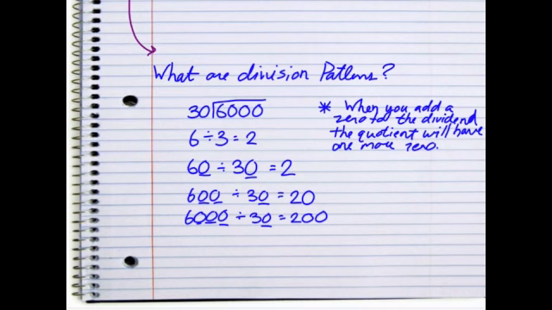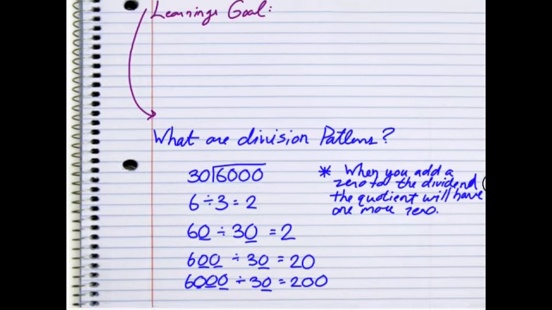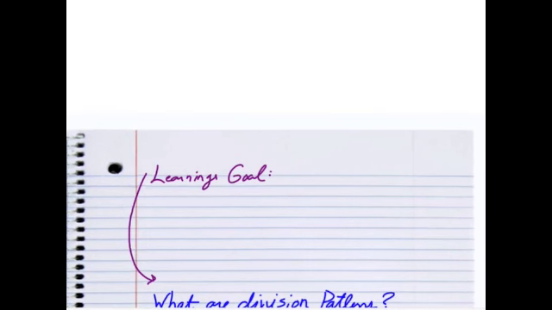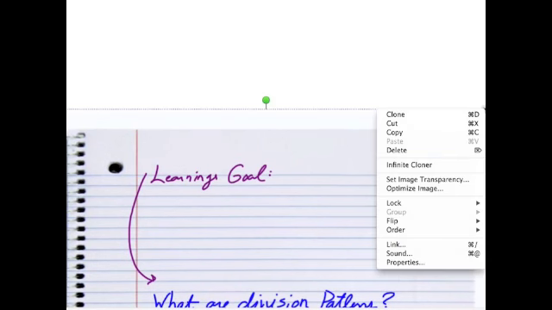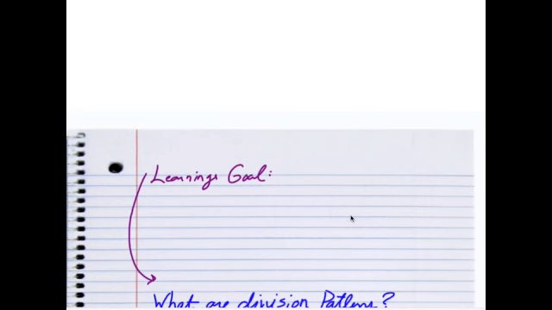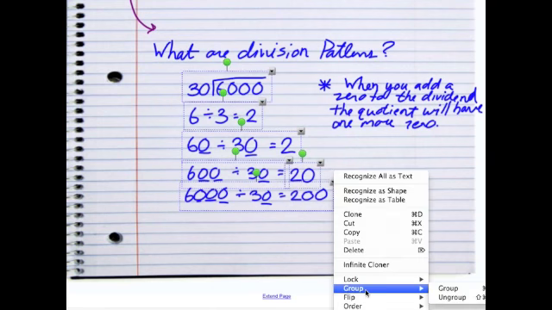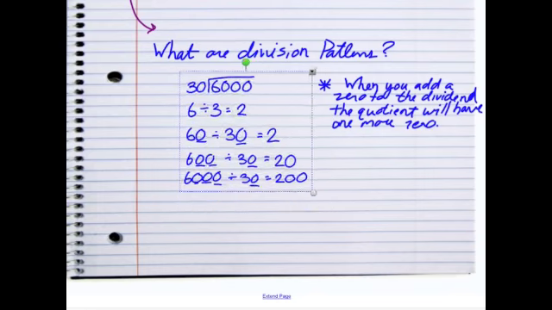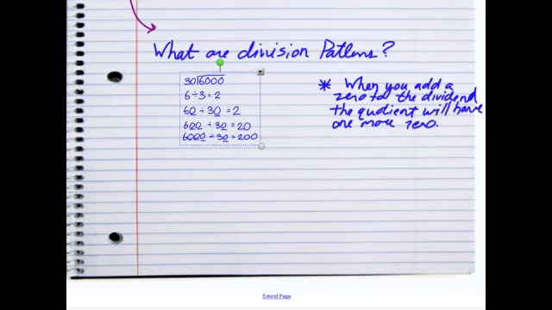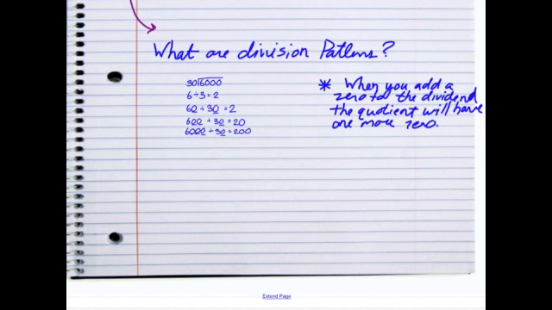As the zeros in the dividends increase, the zeros in your quotient will also increase, right? So let's just shrink that down a little bit. You should have plenty of room on your paper, but I'm not writing as small as my notebook lines. Let's do one more example like that.